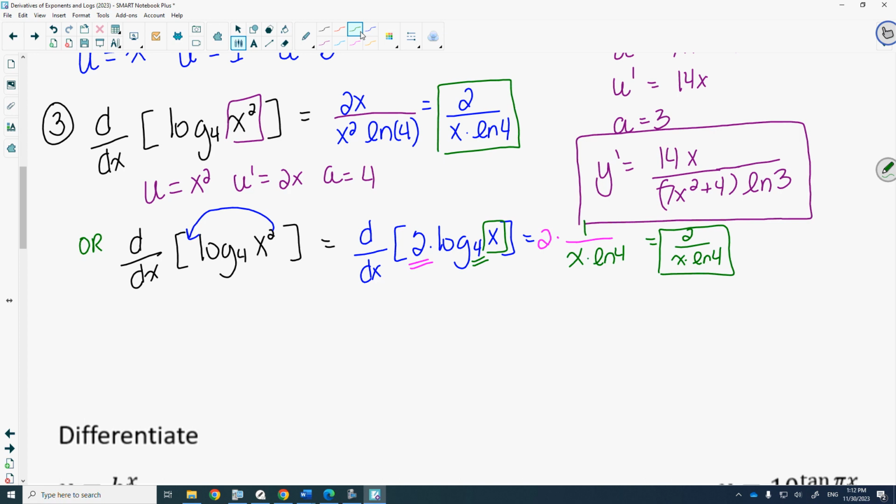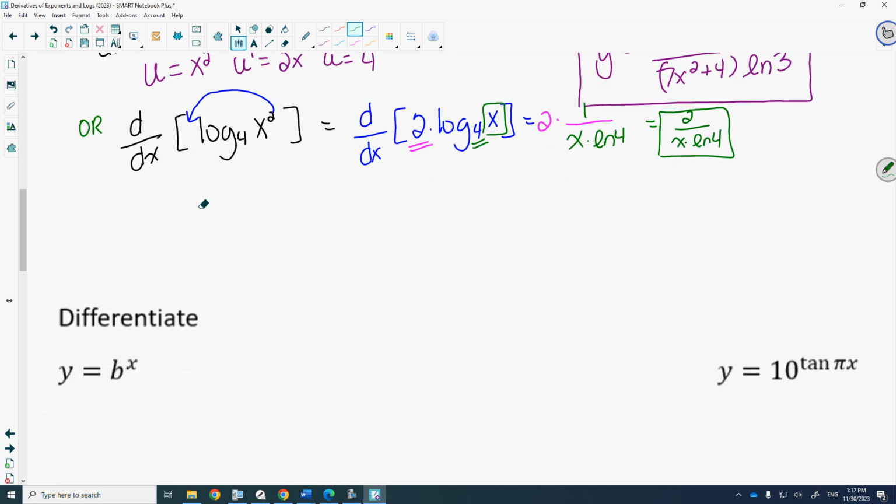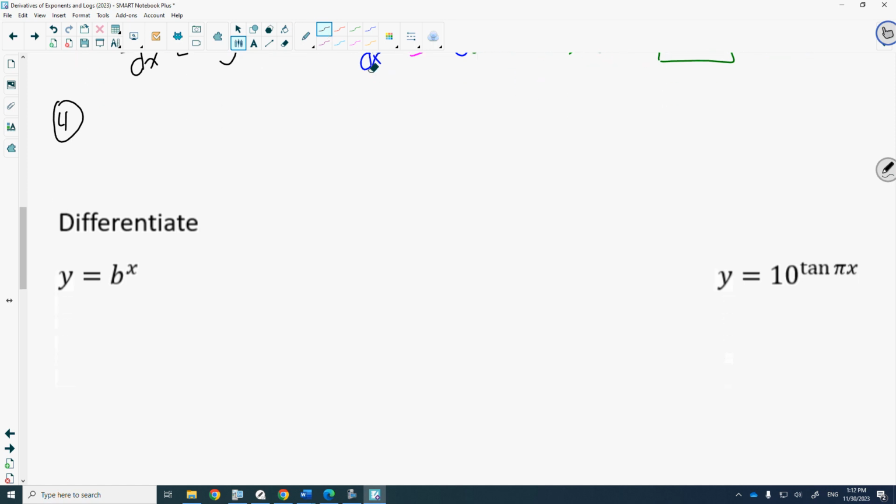Okay, let's do a couple more. Let's do number 4. So number 4, I want you to try this one. Differentiate with respect to x, log base 7 of 5 minus 2x.